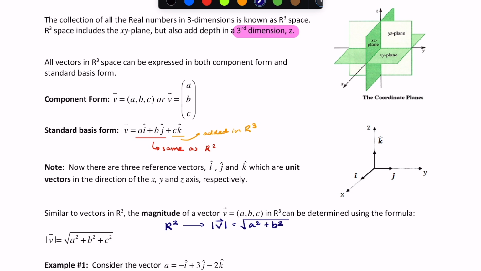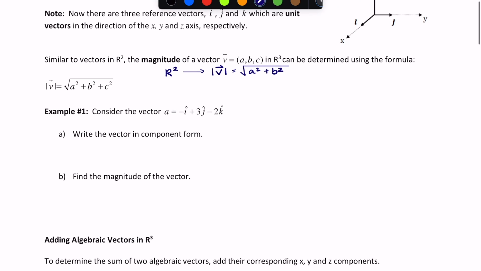Similarly here in three space, our magnitude is equal to the three components squared. So the magnitude of the vector is equal to the square root of a squared plus b squared plus c squared.